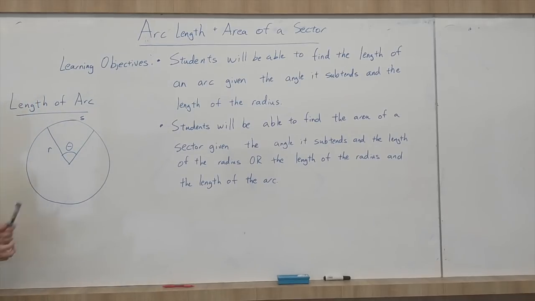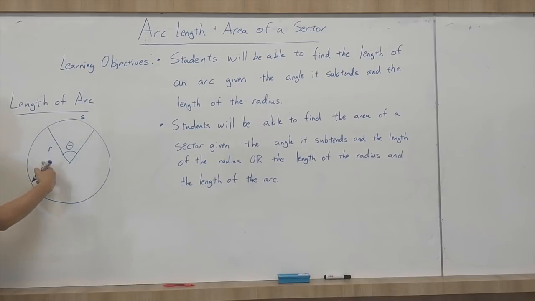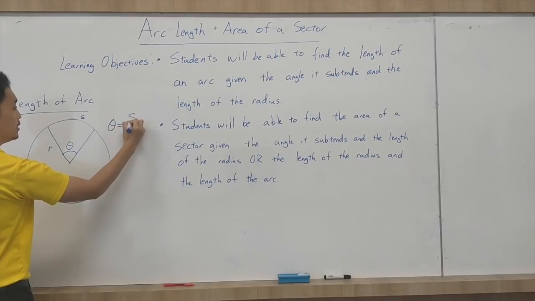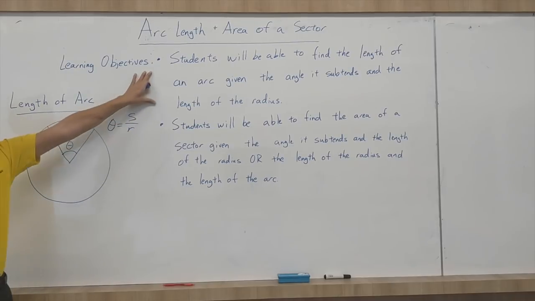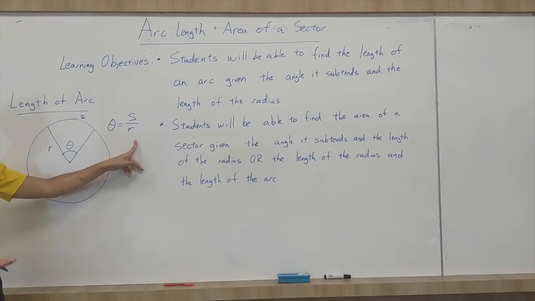If you recall from the last lesson, we talked about the definition of a radian. The definition of a radian, expressed in theta, is the length of the arc divided by the radius. Now remember, our goal today is to understand how to find the length of an arc if I give you the angle and the radius. So all we have to do is isolate the s.